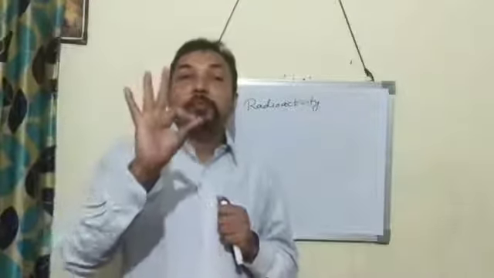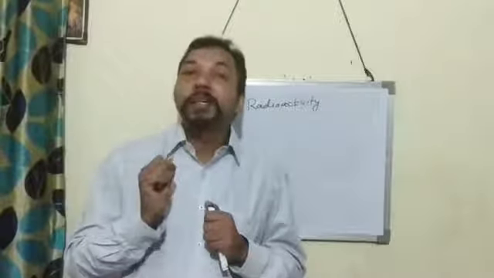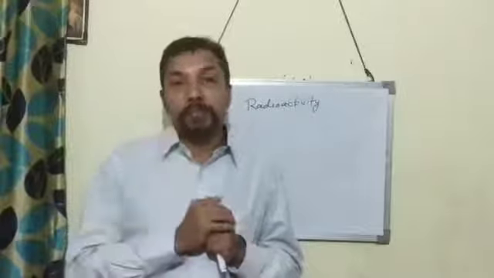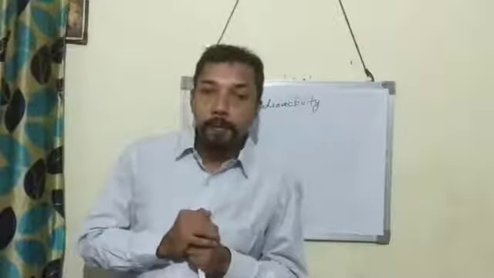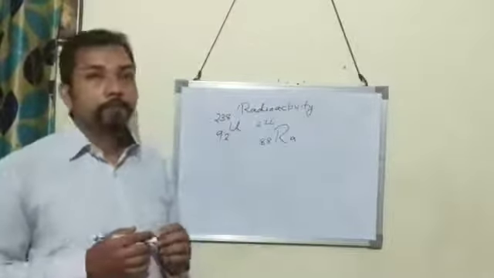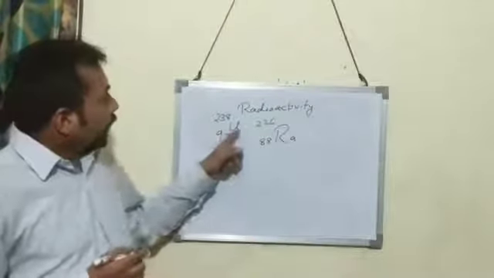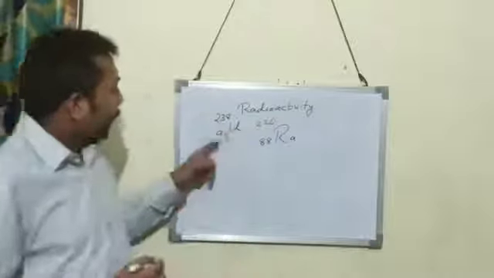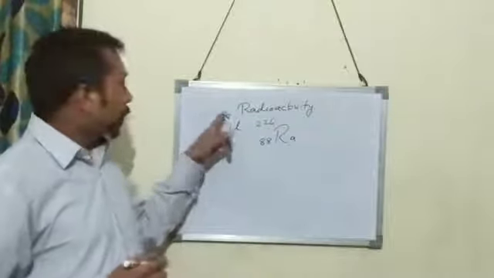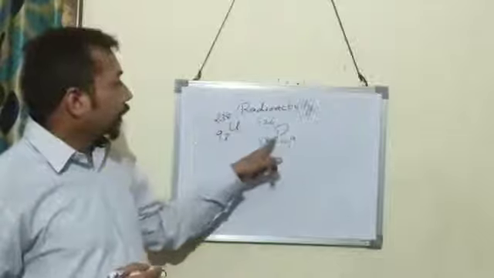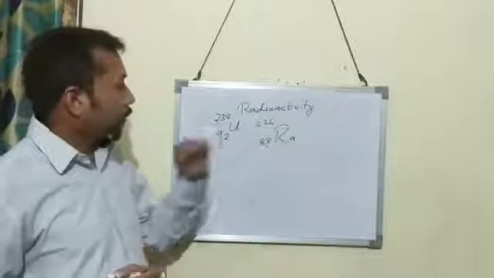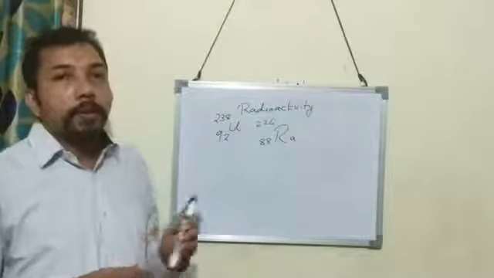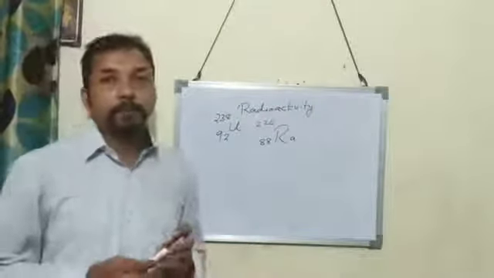The substances showing these properties are known as radioactive substances. These are examples of radioactive elements: uranium with atomic number 92 and mass number 238, and radium with atomic number 88, mass number 226.